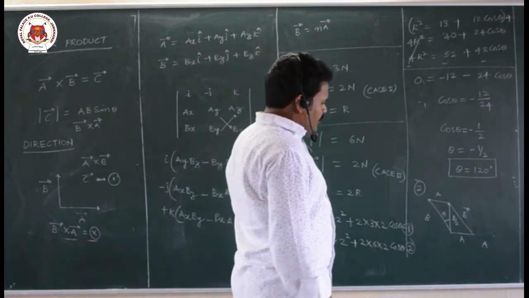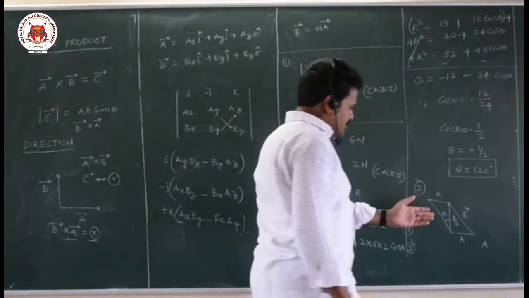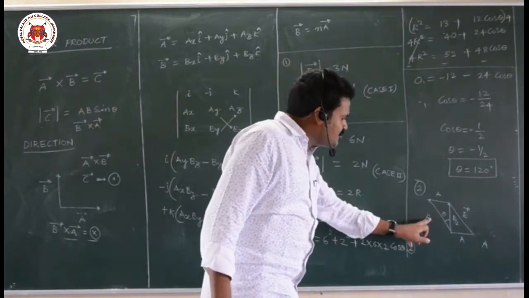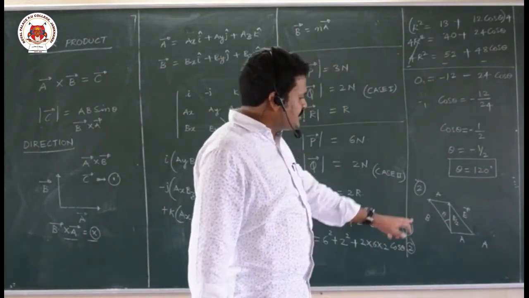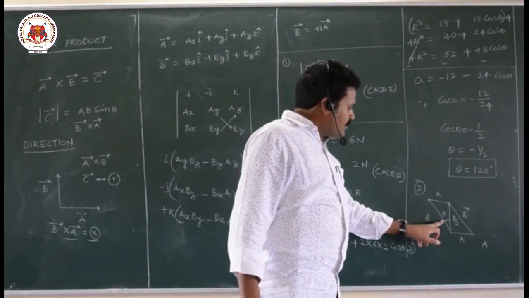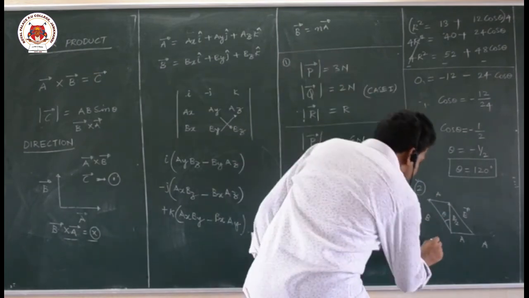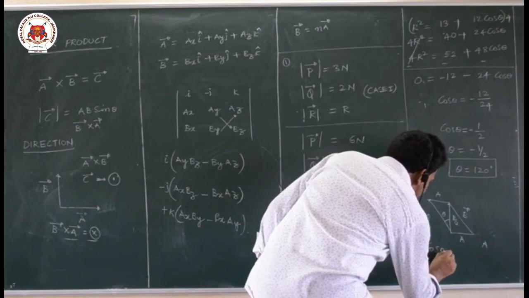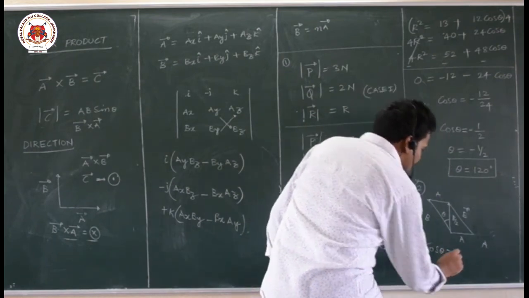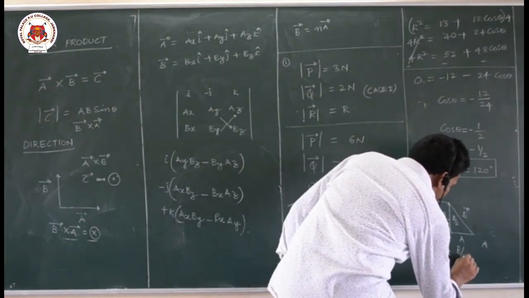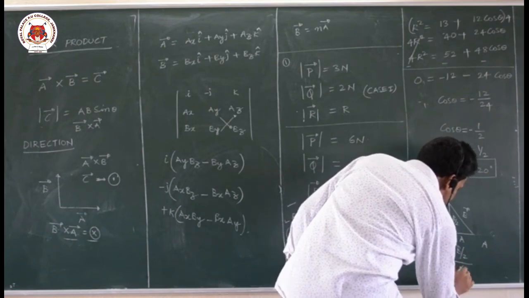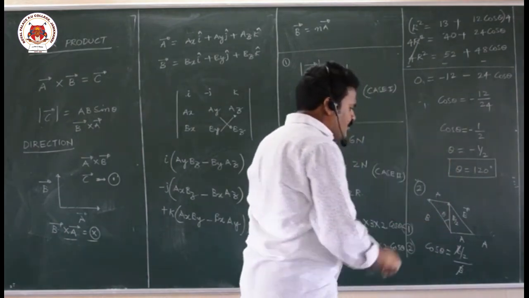And by using trigonometric functions you can find this theta, because you know B, this is B by 2. Adjacent side is known, hypotenuse is known. So cos theta is equal to B by 2 by B. Then cos theta is equal to 1 by 2.